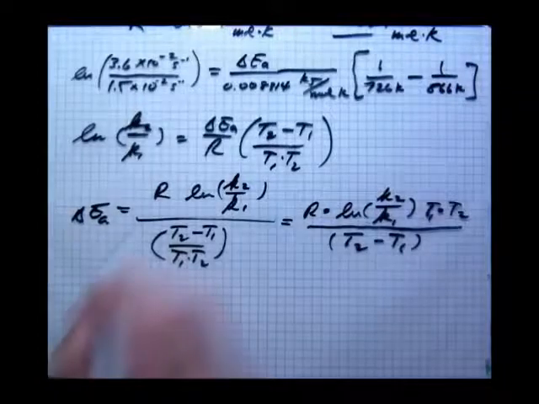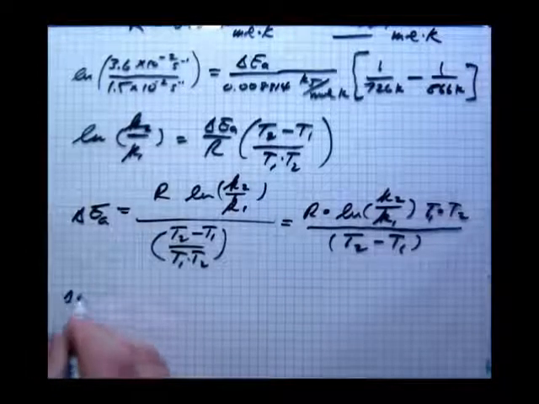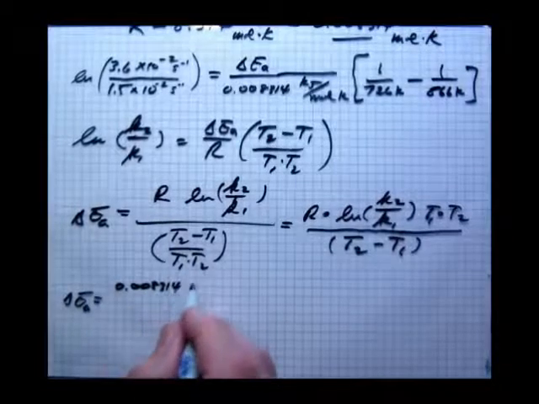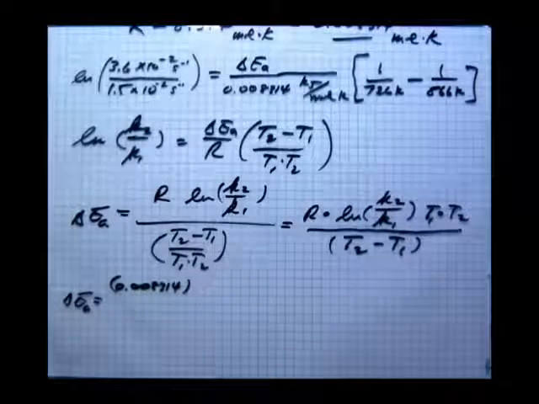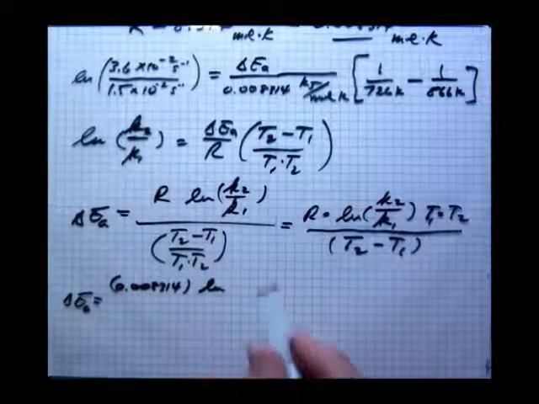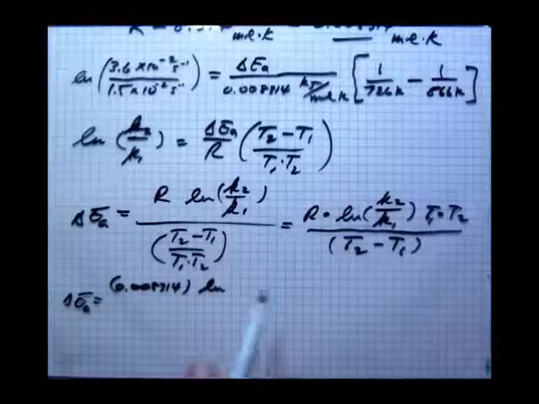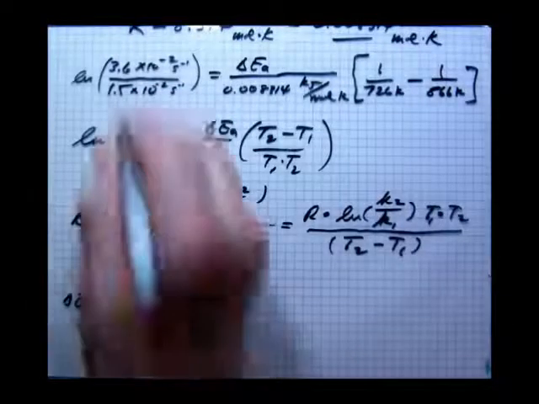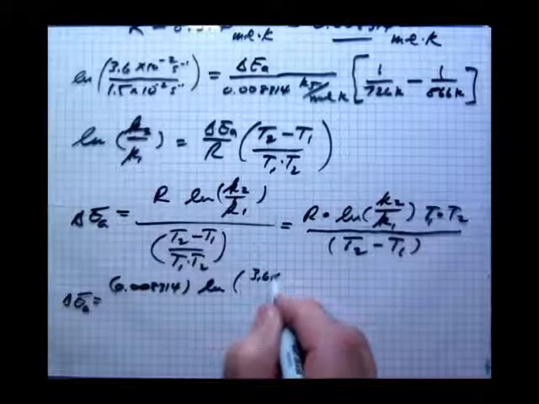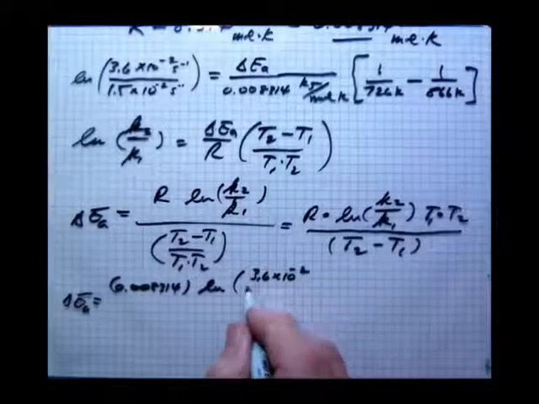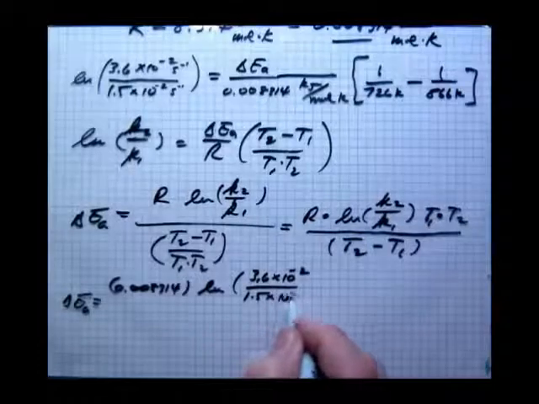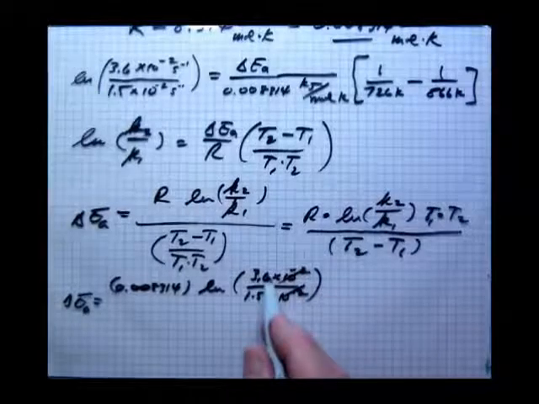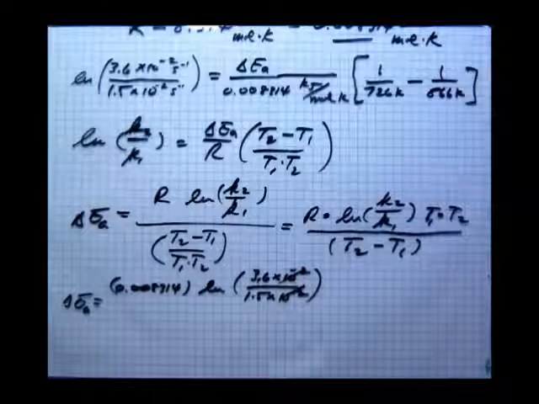Okay, so in putting it in this form, delta EA is 0.008314. I'm just going to tell you, it all comes out in kilojoules per mole to save us some time. ln of k2 over k1, so we'll repeat this, 3.6 times 10 to the minus 2 over 1.5 times 10 to the minus 2. Seconds will drop out. You'll have 3.6 over 1.5.